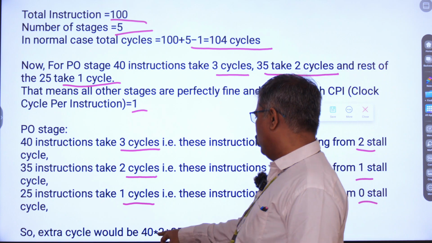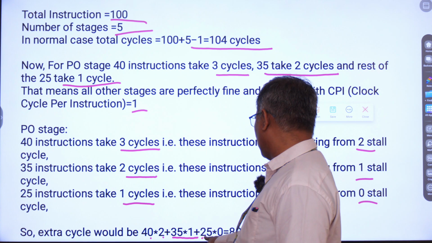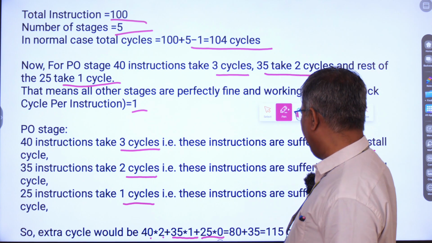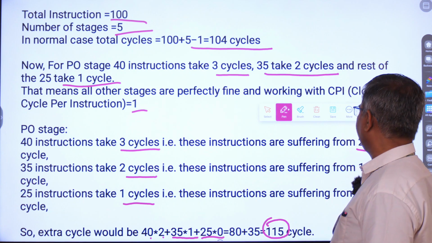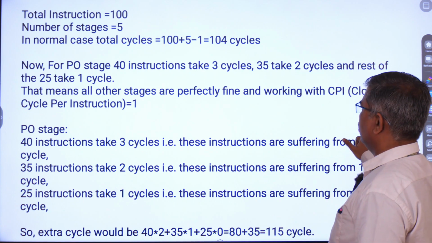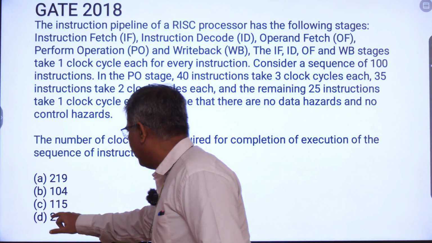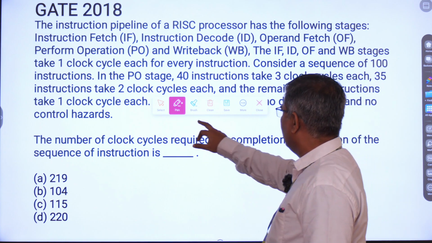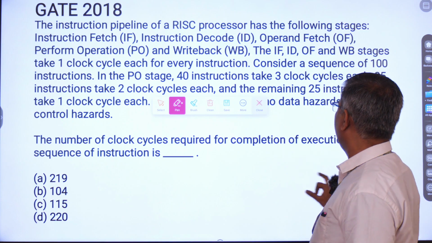So the extra cycles would be 40 into 2 plus 35 into 1 plus 25 into 0, that is 80 plus 35, and 115 is the correct answer. So 115, option C, is the correct answer for this question.